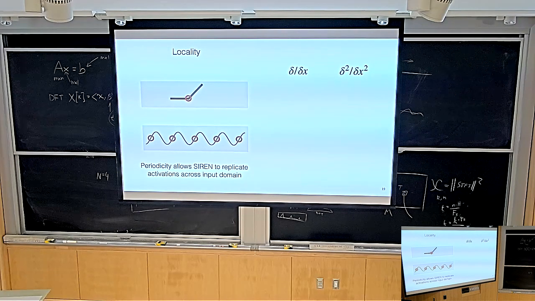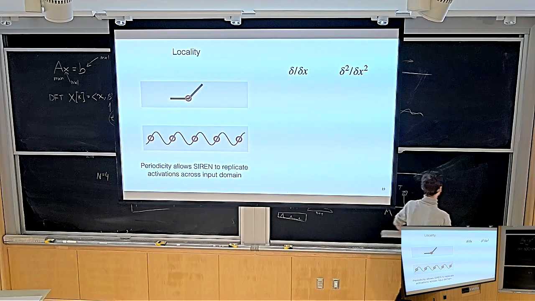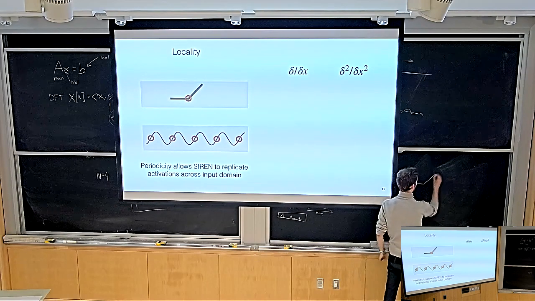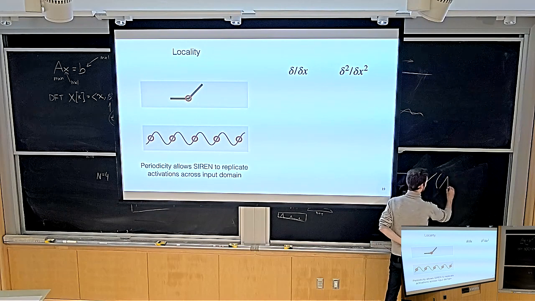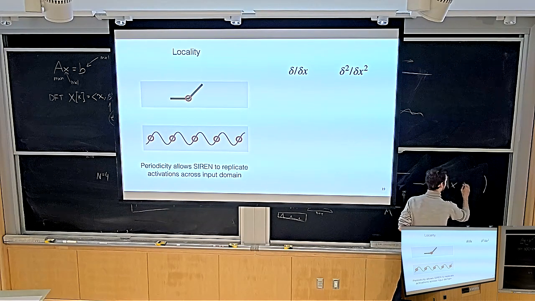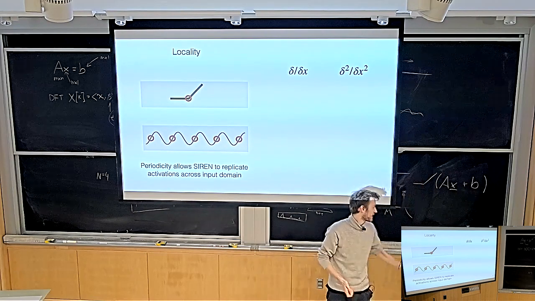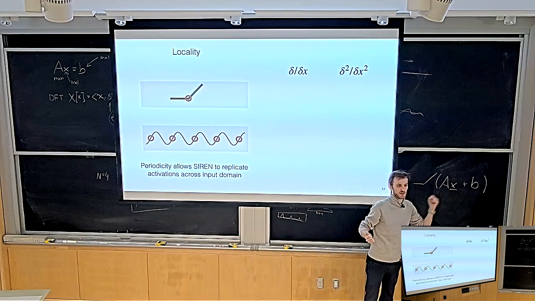Now, if you have a ReLU neural network, what is the first layer of your ReLU neural network actually doing? So let's think about that for a brief moment. It has the ReLU activation function. This is written as a function, so it takes some input, and it's Ax plus b, right? x being the input coordinate, A being some weight matrix, and b being the biases of the network.